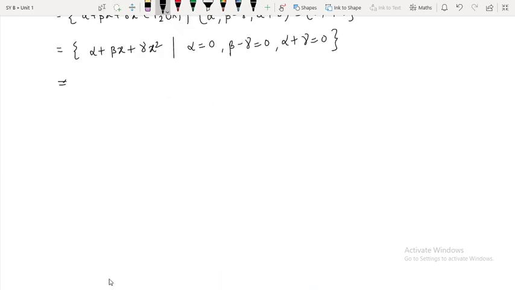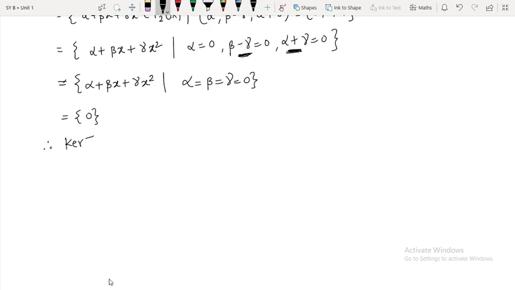Which is further equal to the set of all alpha plus beta x plus gamma x square such that alpha is 0. If we put the value of alpha here, gamma will be 0, and if we put the value of gamma here, beta will be 0. So alpha is equal to beta is equal to gamma is equal to 0, which is equal to singleton 0. Therefore kernel of T is equal to singleton 0, and therefore T is one-one.